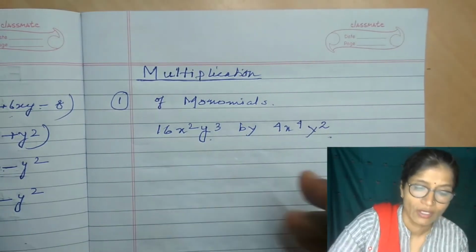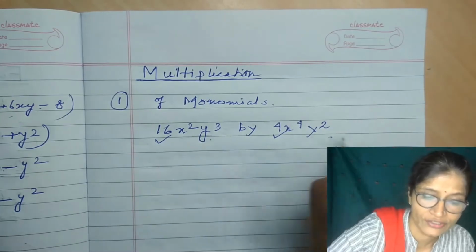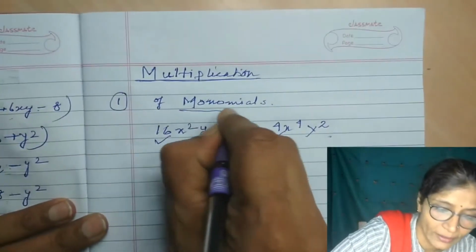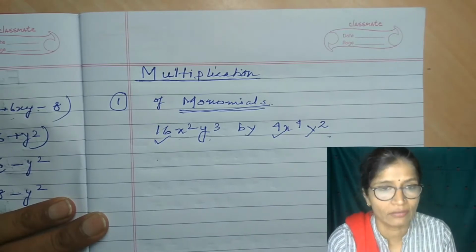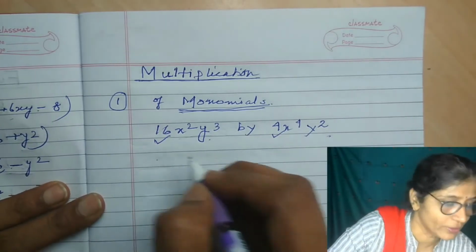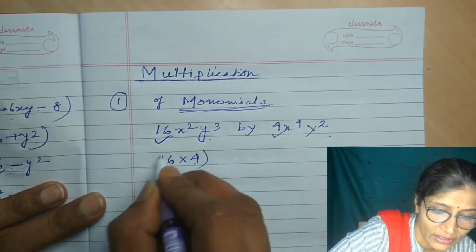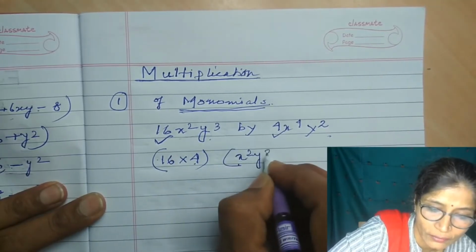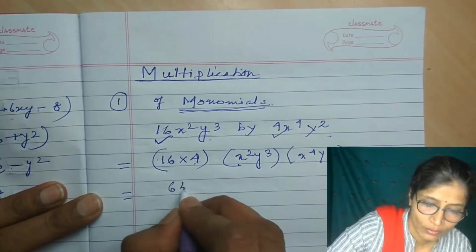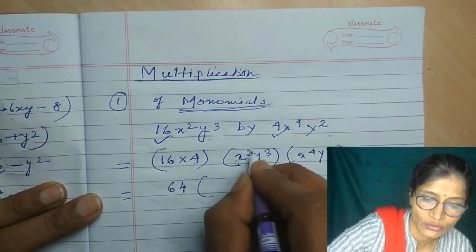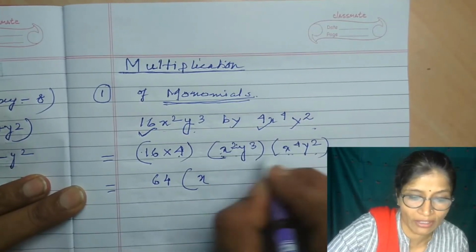In case of monomials, we have to multiply the numerical coefficients first, and then we will multiply the literal coefficients. So if we have to multiply a monomial with a monomial, we will find the product of the numerical coefficients, and then the product of the literal coefficients. Here the numerical coefficient is 16 in this and 4 in the other. So 16 times 4 is 64. Then when I multiply x square and x to the power 4, we know that when the base is the same, in multiplication the powers will be added.